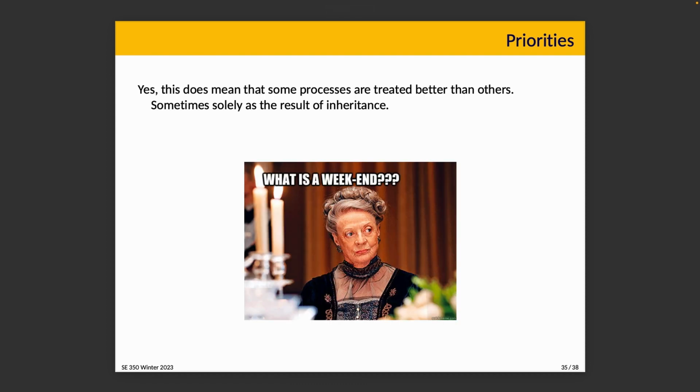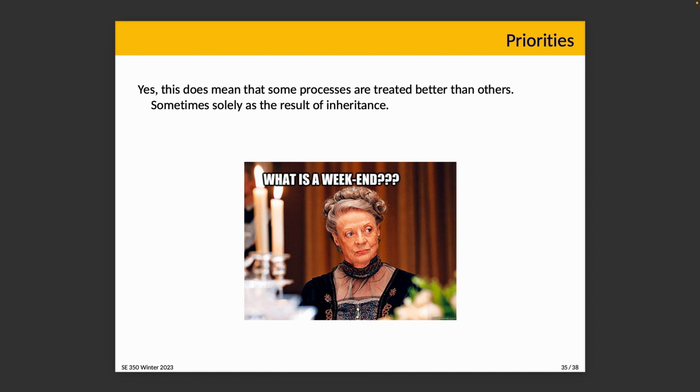And so the existence of priorities does mean that some processes are treated better than others, and sometimes this is solely the result of inheritance. And if you find yourself in this situation in real life, it's like, why is that person considered important just because their family is a royal family? You might have questions about that. But this does actually happen.